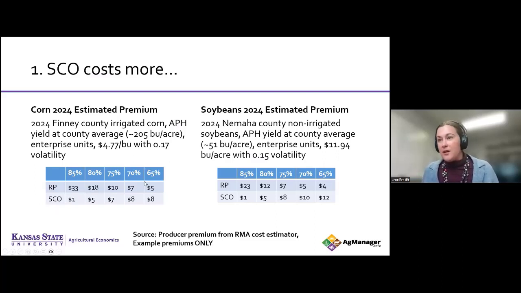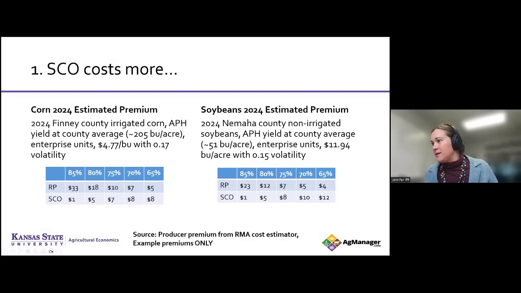So two big points here. First of all, that increase in premium is going to be pretty substantial, whether you're doing irrigated corn in Finney or the soybeans example. Now, if you sum up revenue protection plus SCO, it's not that different. I used enterprise units here, which gets you pretty close, but you go 13, 15, 17, so it is going up a little bit.